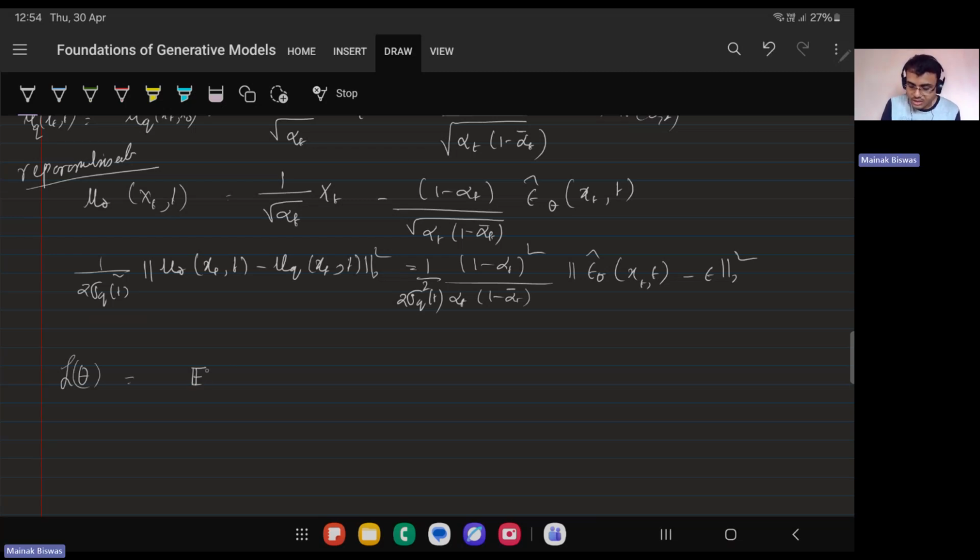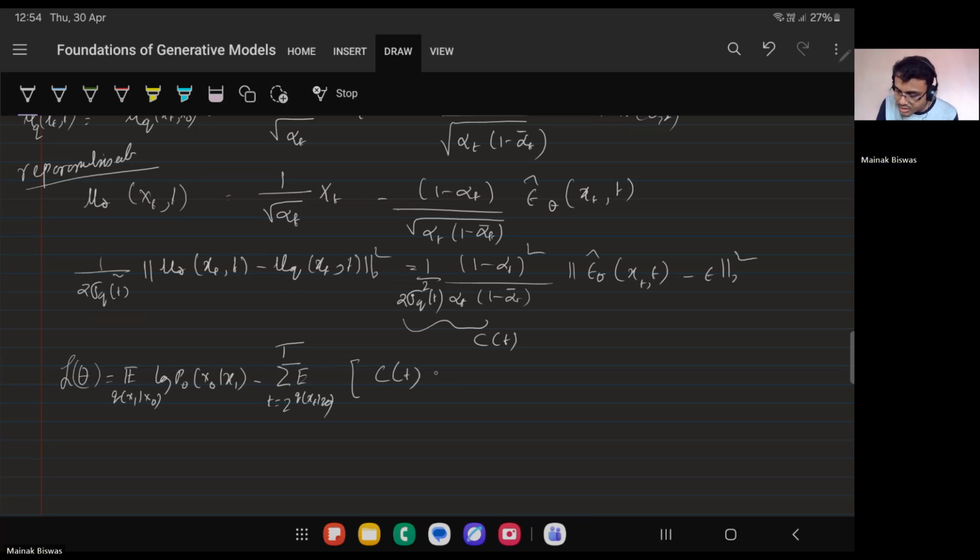What you get as the loss function now is a summation over t equal to 2 to capital T, the expected value of q of x1 given x0, log p theta of x0 given x1, minus the DKL, the expected value of xt given x0, with a constant, let's put this as ct, which can be computed because all of these terms are fixed beforehand.